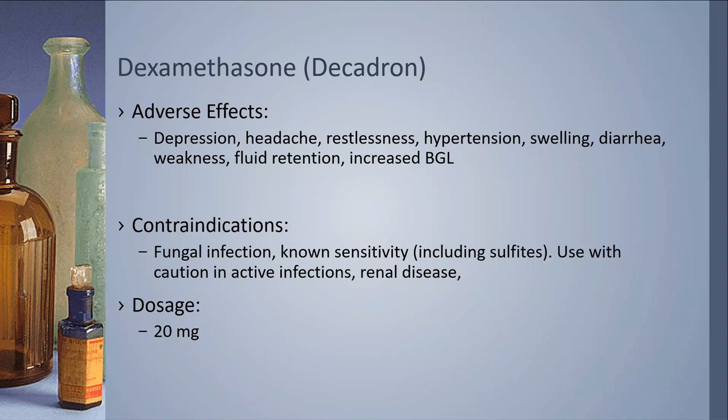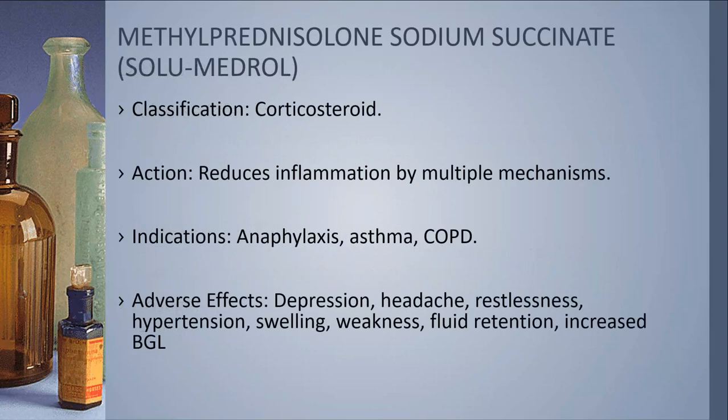One of the things you will see, though, is that these patients will begin to retain fluid, and whether they're a diabetic or not, their blood glucose level will begin to go higher. Your dosing regimen for these particular patients is going to be 20 milligrams.